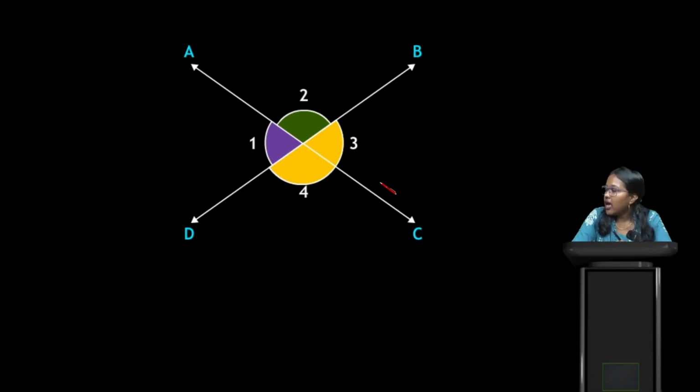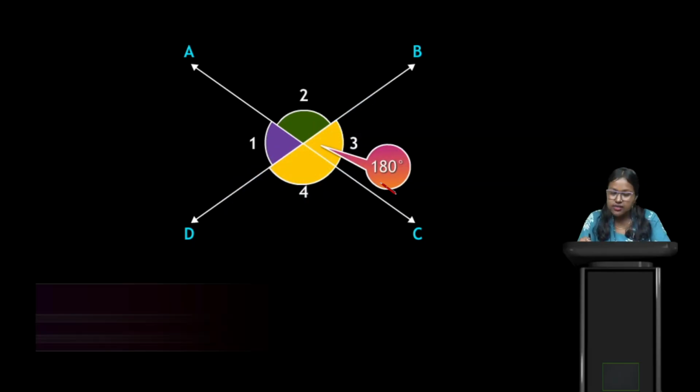Now again you can see angle 3 and angle 4. If you add angle 3 and angle 4, which straight line are you getting? Can you tell the name? Yes, very good, the BD straight line.